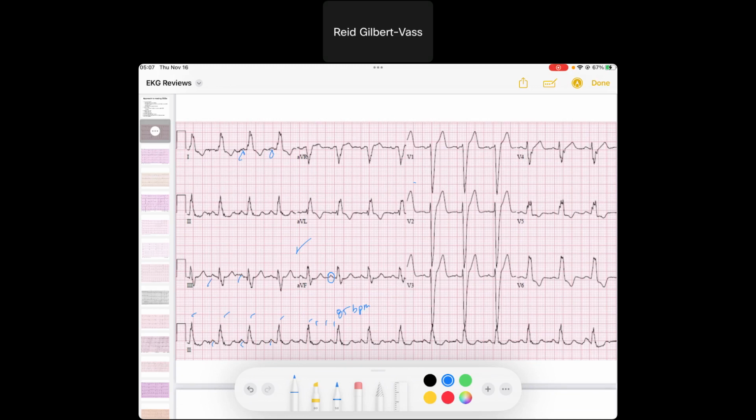Okay, let's see what our AV node is doing. I don't see a block; the PR interval is less than 5 boxes. But my QRS is definitely wide, so my differential for that is maybe a bundle branch block.